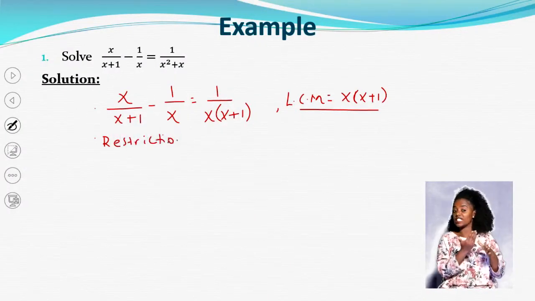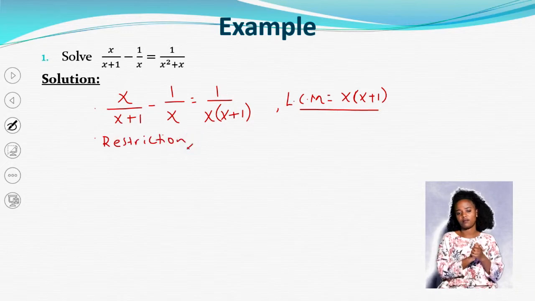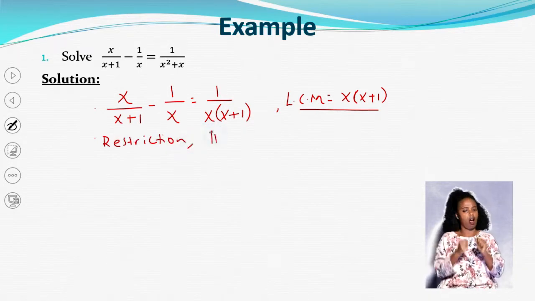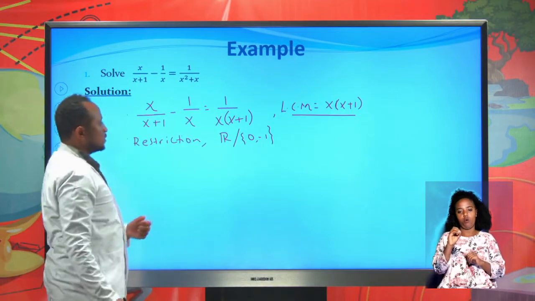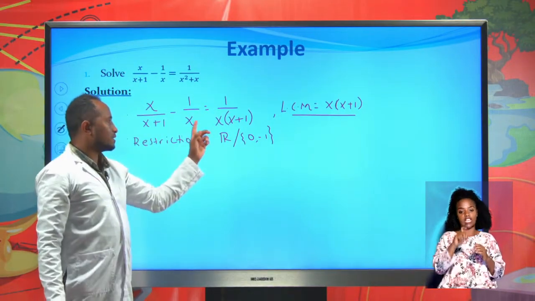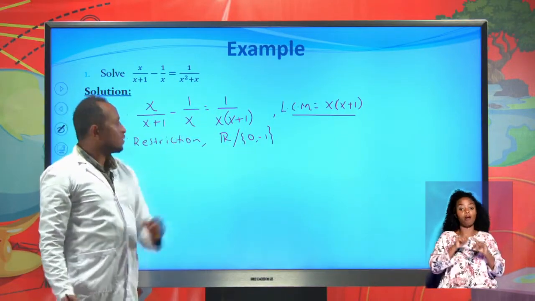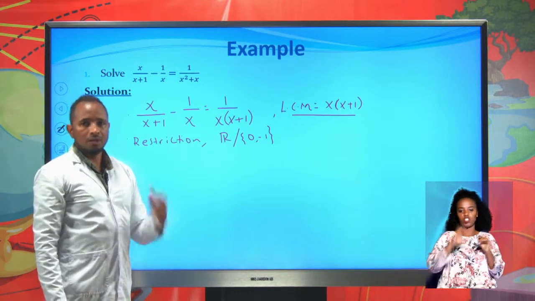The restriction: the value of x can take any real number without the values that make the denominator 0. So the value of x can be any real number, but it cannot take 0 or minus 1. Now let's solve.